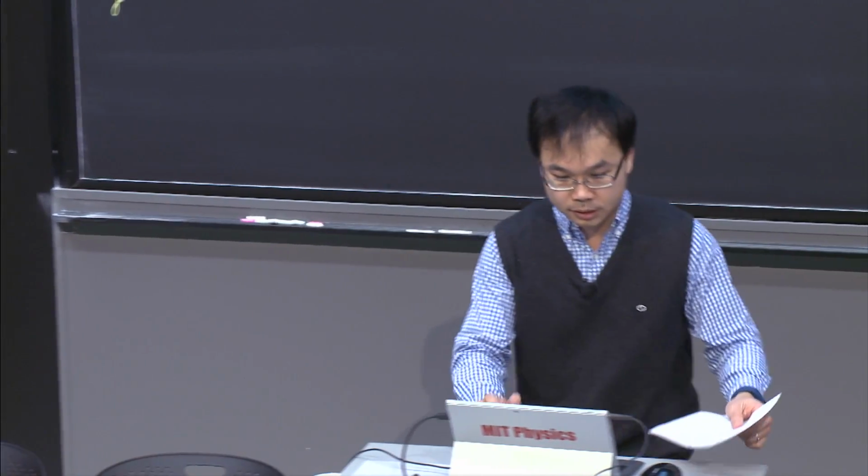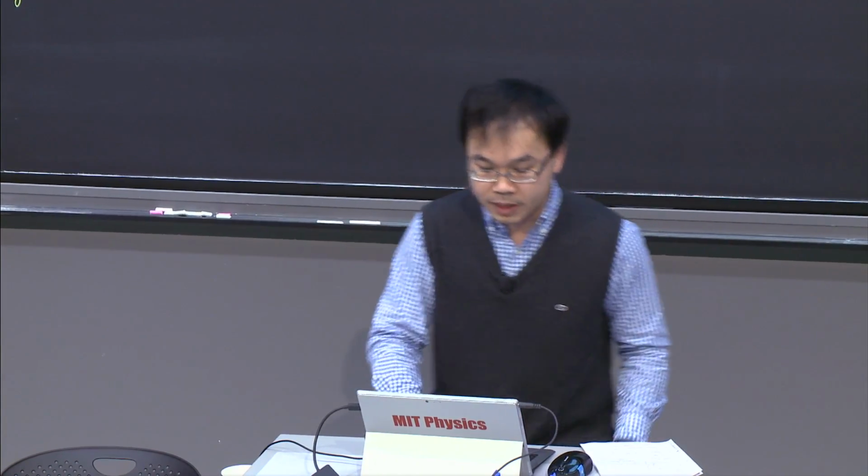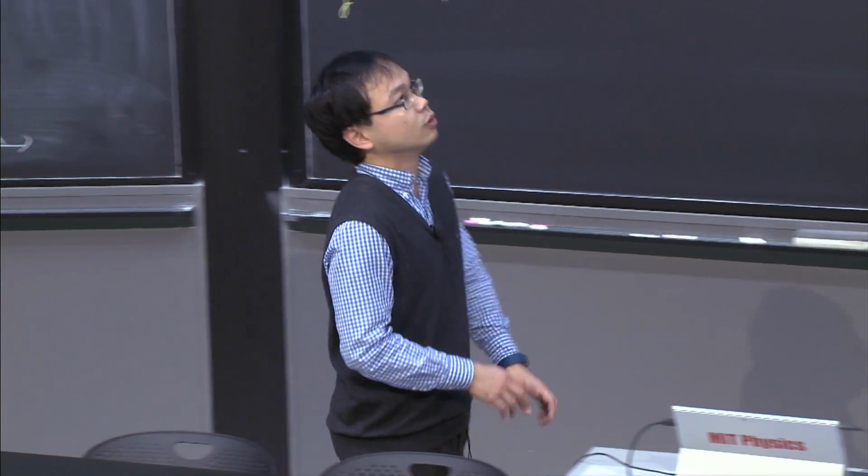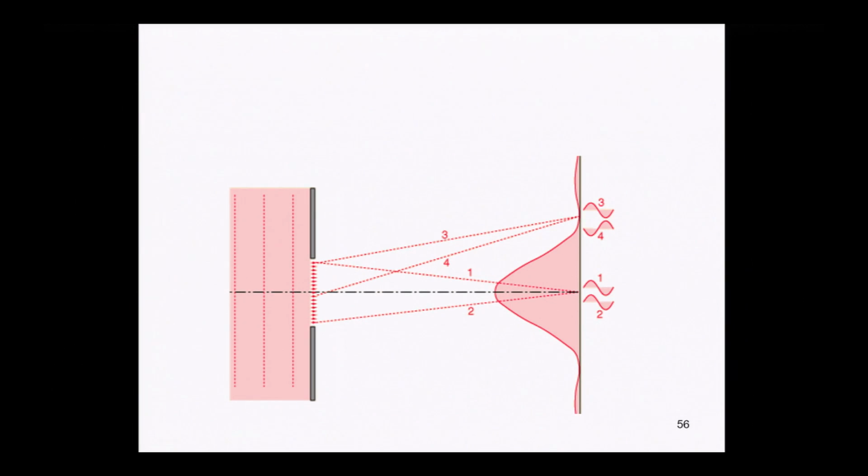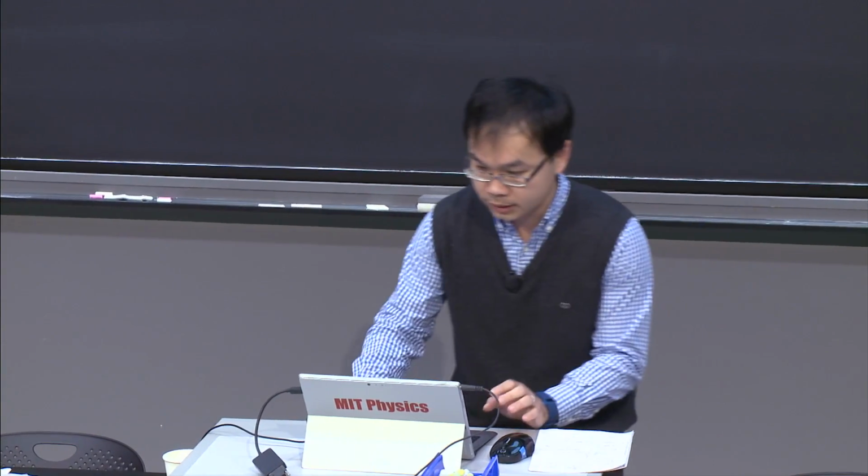So that is the origin of all those deep minima. And then after the minima, you will see another peak, but the height of the peak is suppressed by 1 over beta square. And it would be good to review that.